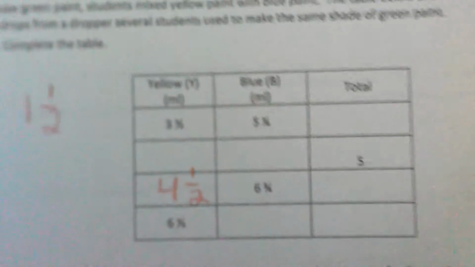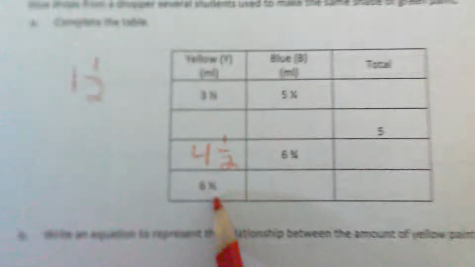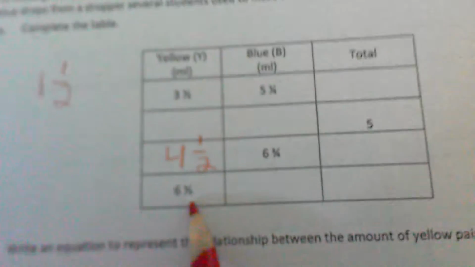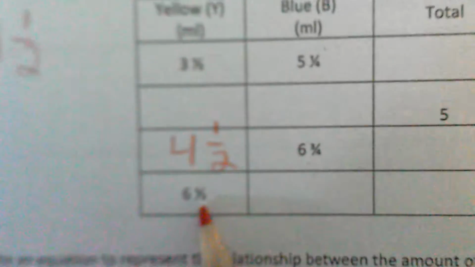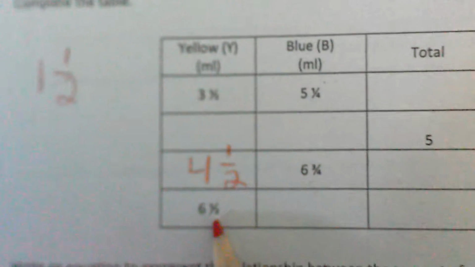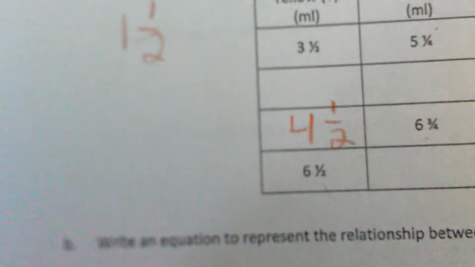I can do this next one. Next one says 6 1/2. All right, let me make this a little bit better for you guys so you can see it. Trust me, it does say 6 1/2. There we go, a little bit better. 6 1/2. So we are going to multiply by 1 1/2.